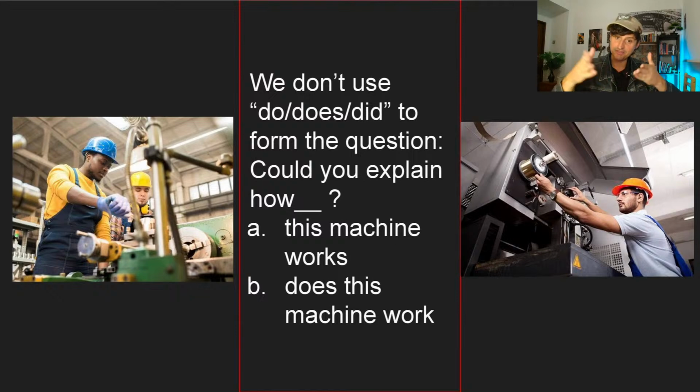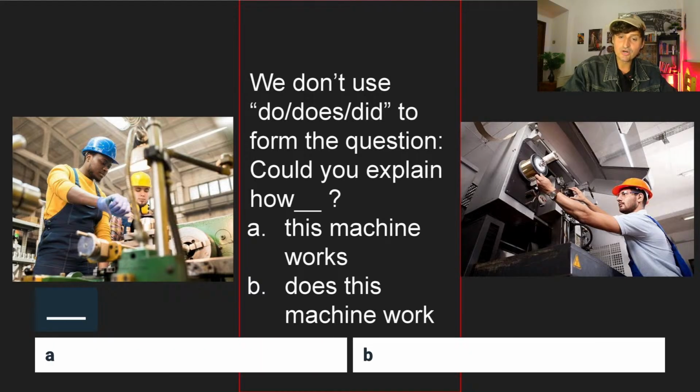But if you wanted to ask the same question in a diplomatic way, would you say, "Could you explain how this machine works?" or "how does this machine work?" Which one is it, guys? Choose wisely. Remember, your points depend on it.